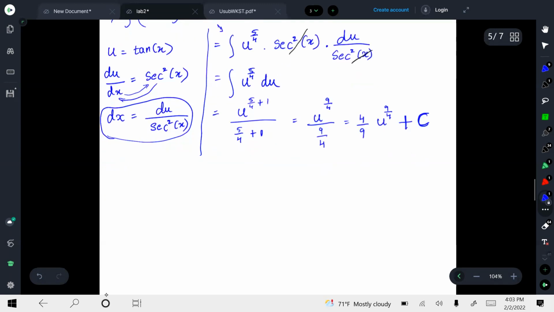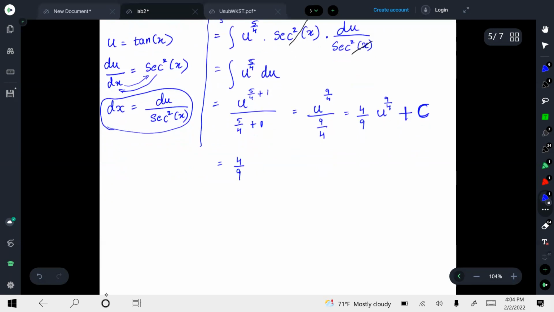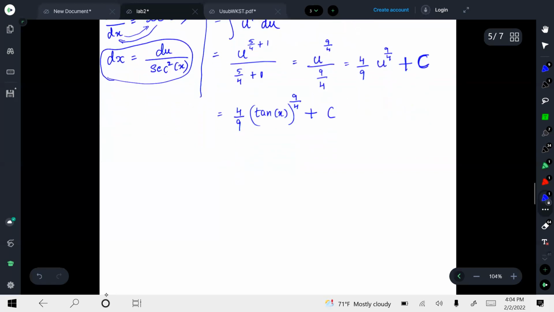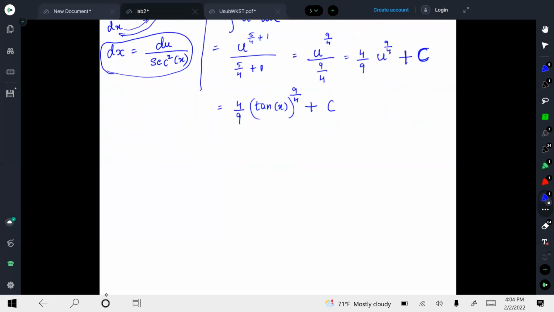Okay. Now finally, you will substitute this u with tan of x to the power of 9 by 4 plus c. Now, if you have confusion, because when I was learning my calculus, I had this confusion.